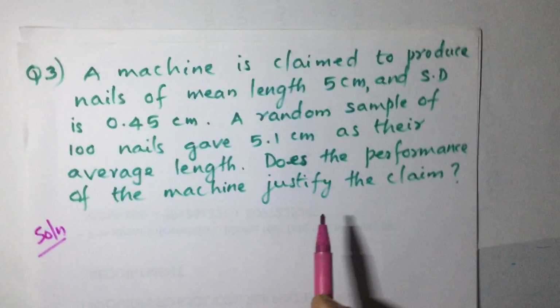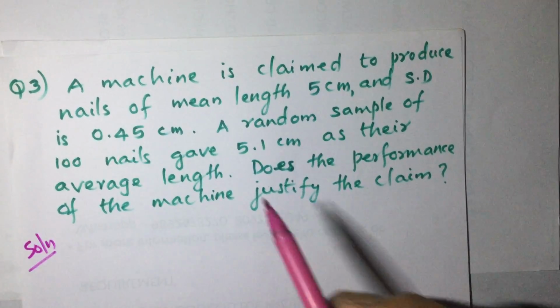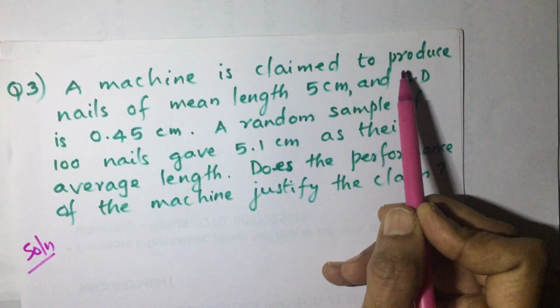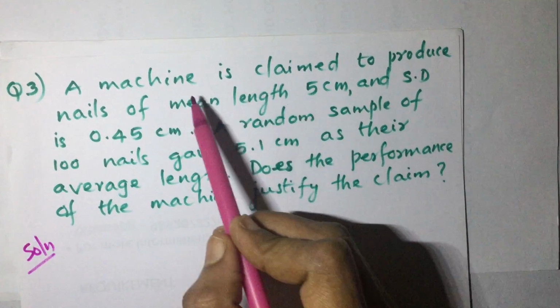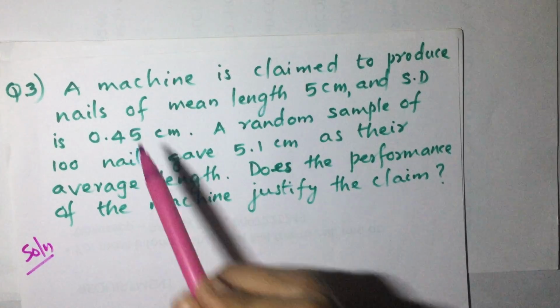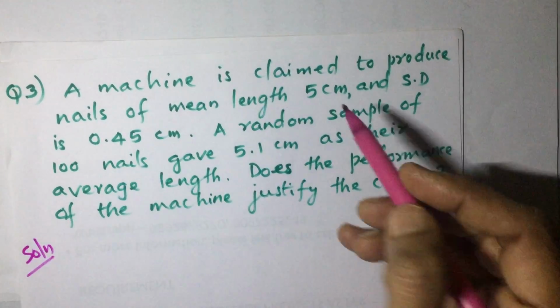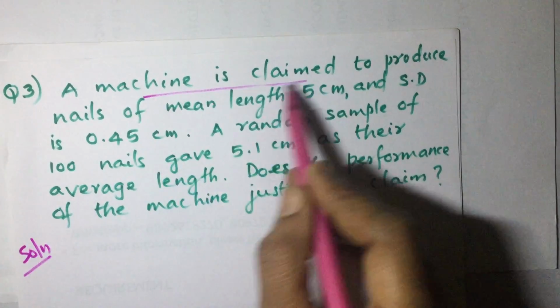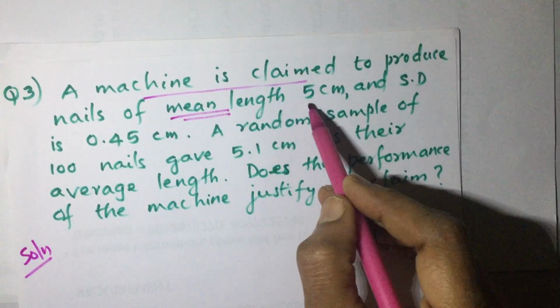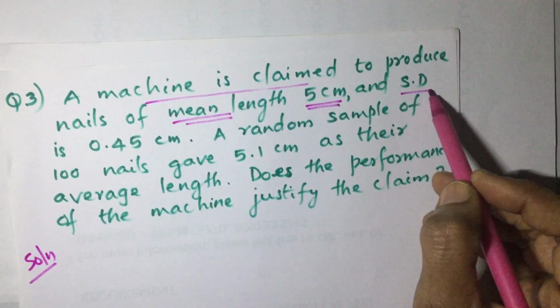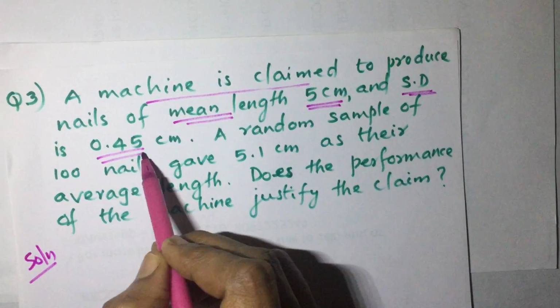Does the performance of the machine justify the claim? Here the machine produces nails, so that will be the population. The mean is the population mean and the standard deviation is the population standard deviation.